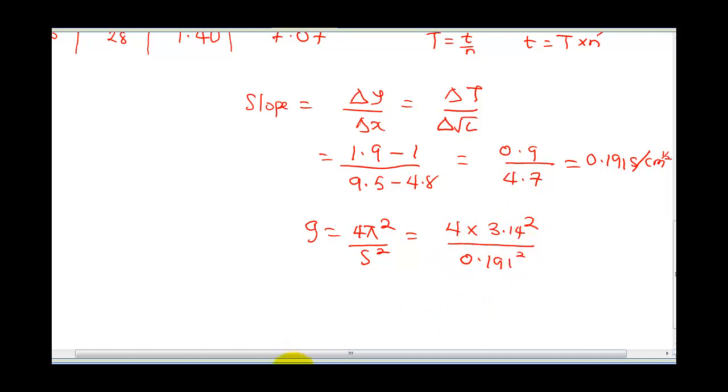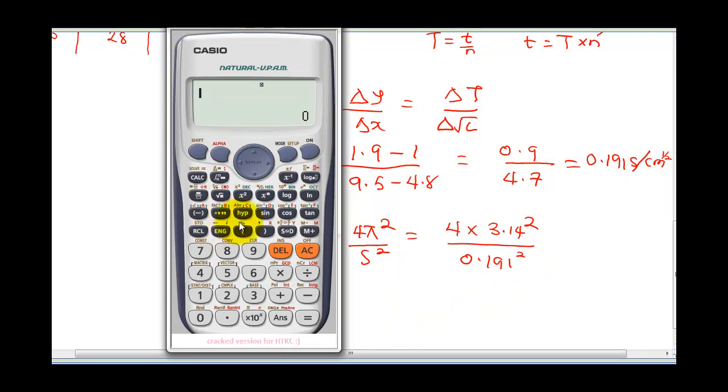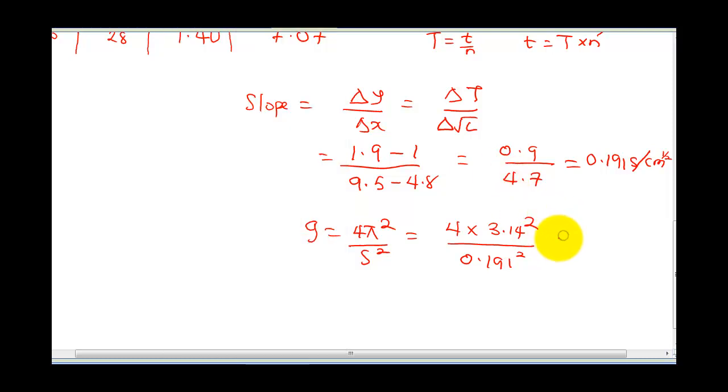Now to evaluate this, we're going to punch it on our calculator. So this is going to be 4 times 3.14 squared divided by 0.191 squared.